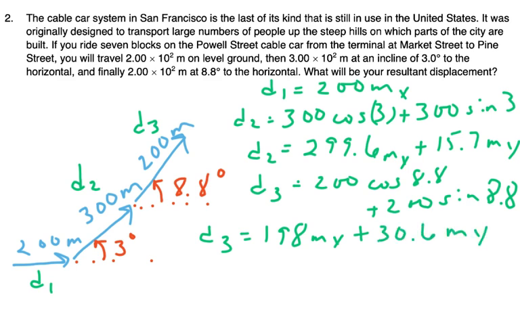So what you're going to do is add up all of your x components. So 200 plus 299.6 plus 198, and this will give you your resultant.